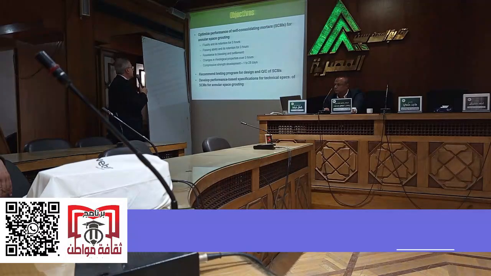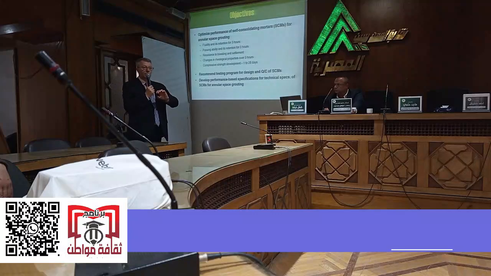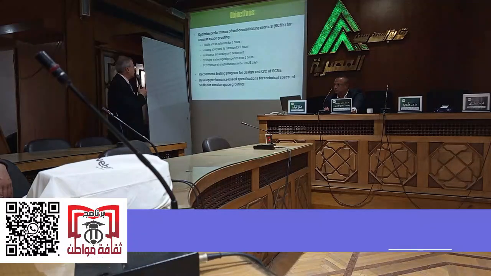And we came up with, we would like to have a repair material that has a flow retention of at least 3 hours. Passing ability retention for at least 3 hours. Resistance to bleeding and settlement, so we don't have that separation. It does not change its rheological properties, yield stress, plastic viscosity, for 3 hours.